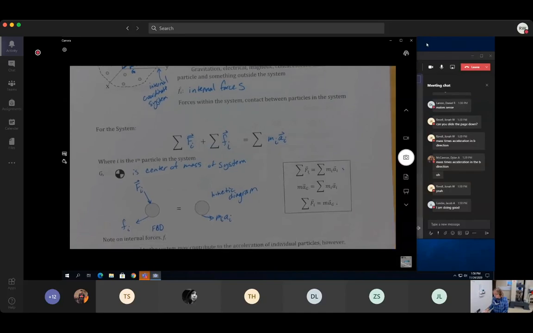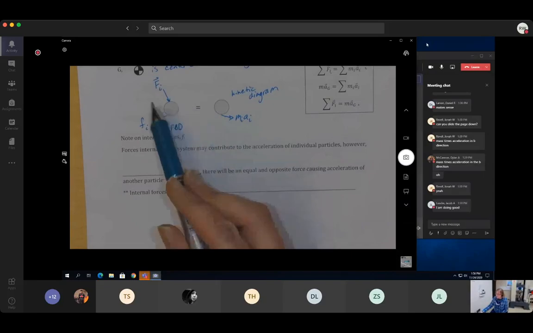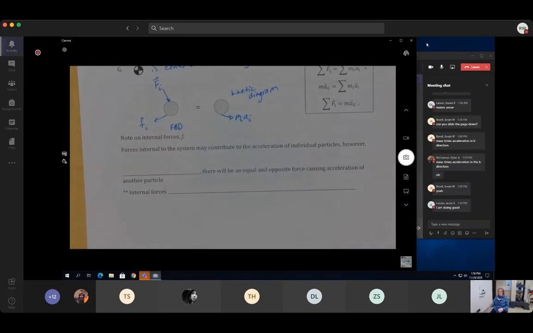Okay, and then just to clarify those internal forces a little bit, the forces that are internal to our system are going to cause acceleration of the individual particles, so they'll contribute to acceleration of individual particles. If you think about two particles bouncing off of each other, that contact is going to cause acceleration of each of those.